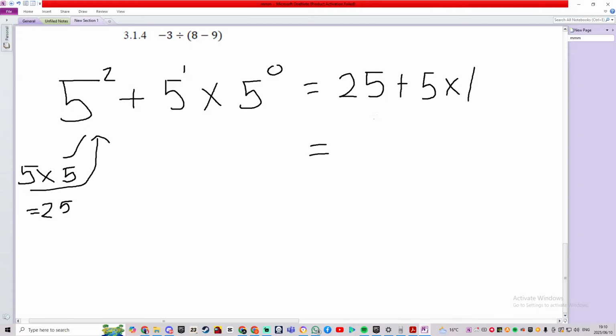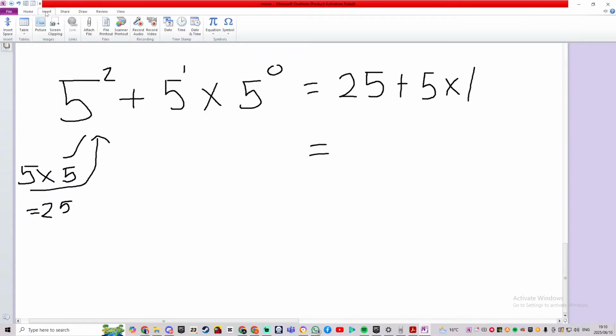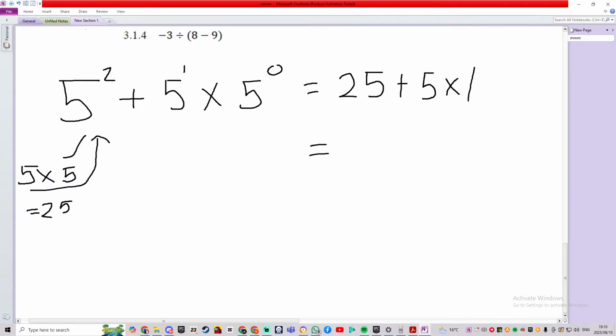We know that when it comes to all of these operations, plus, minus, multiplication, if it's all in one row, we know the rule of BODMAS. We cannot add first and then multiply later. So we have to do what?